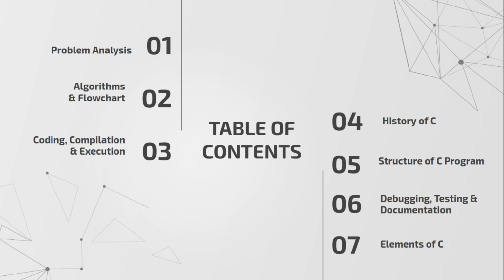Then we'll discuss a little bit about the history of C. We'll move more to C after the fourth subsection, and then we'll discuss the structure of a C program. And the sixth we'll discuss debugging, testing, and documentation. And in the last section we'll discuss the different elements of C.